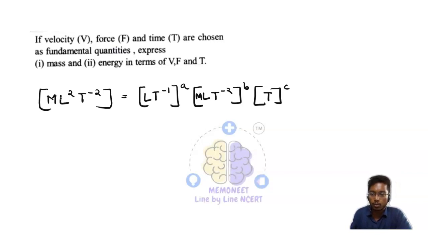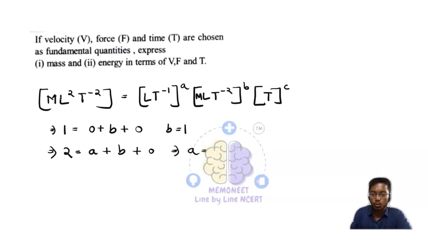If we compare, the power of M is 1, equal to 0 plus b plus 0, since there is no M in the others, so b will be 1. For L^2, 2 is equal to a plus b plus 0, and b is 1, so a is equal to 1.